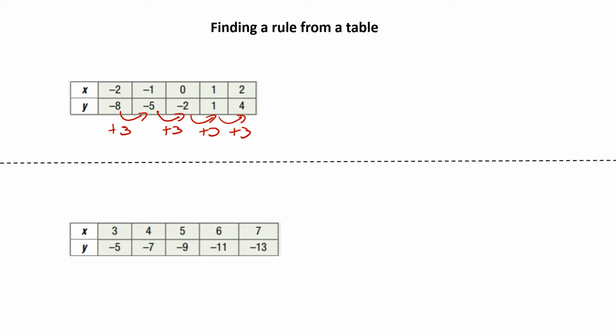That's what the coefficient is, because it illustrates how much the y is increasing. So remember, I've got y equals, I'm going to put an underscore there, x plus whatever that value is.